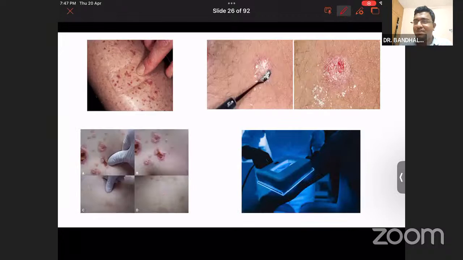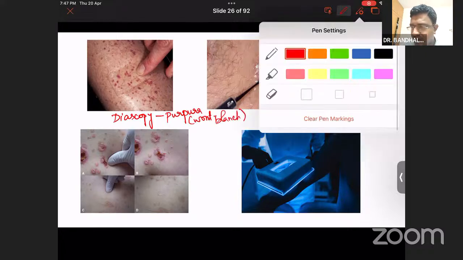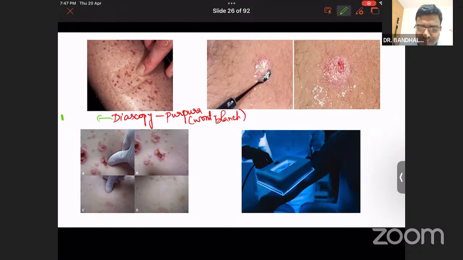We will see the various things given in the options. This is diascopy. Diascopy is useful in purpuric lesions, which won't blanch. Erythema blanches. Apart from that, it is helpful in lupus vulgaris, sarcoid.